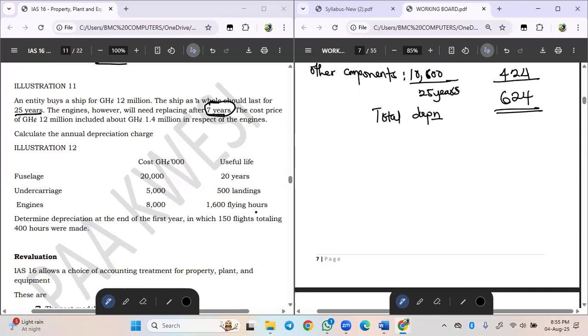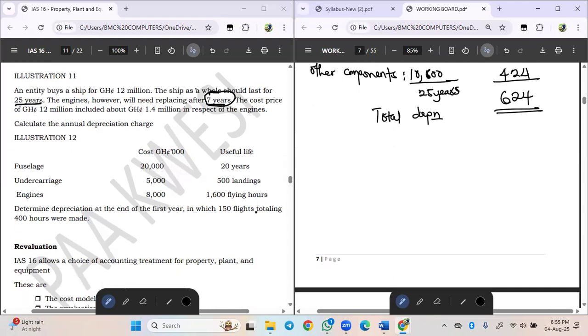Welcome. So the illustration 12, that one too is the same thing. But if you want me to explain, it's quite simple. The first one will be this fuselage or something. That one will be the cost over the useful life.